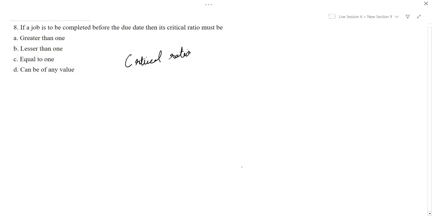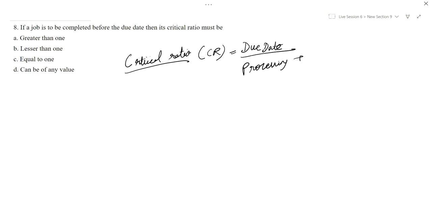Critical ratio, CR, is due date by processing time.